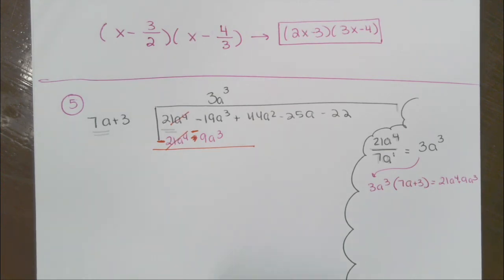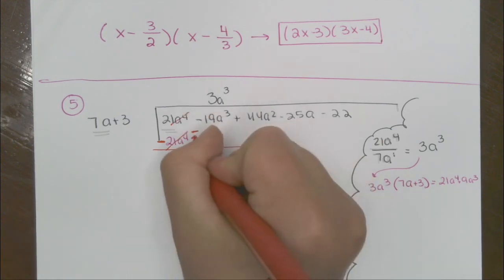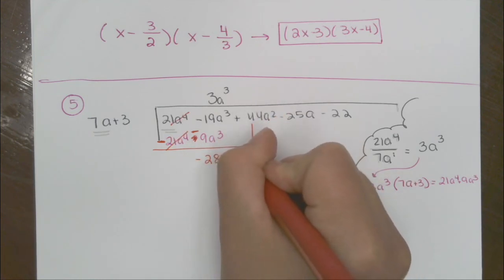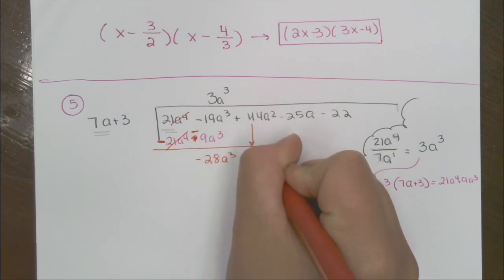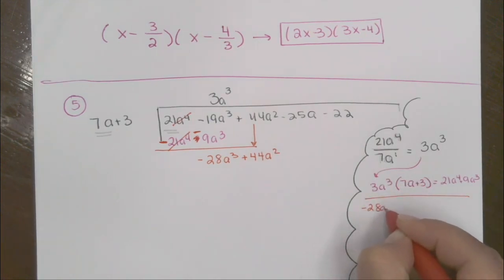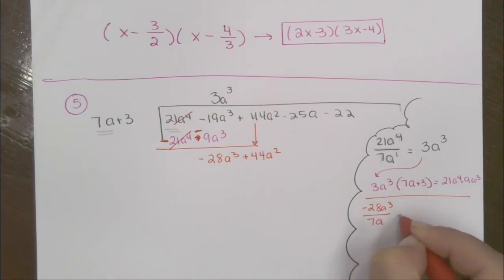So let's do negative 19, and yes, I'm using a calculator for this, no shame, minus 9. Negative 19 minus 9, there it is. I get a negative 28a cubed, bring down the next term, and this is very repetitive, as you can see. So then we have negative 28a cubed divided by 7a.